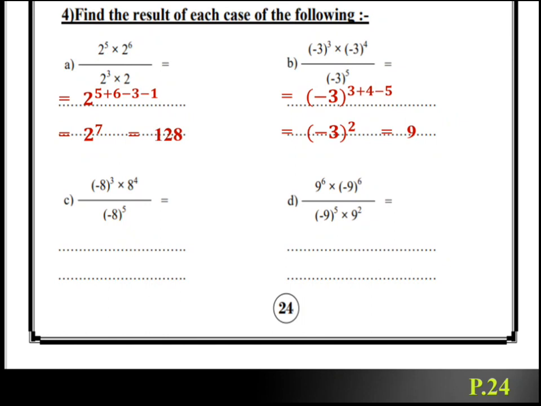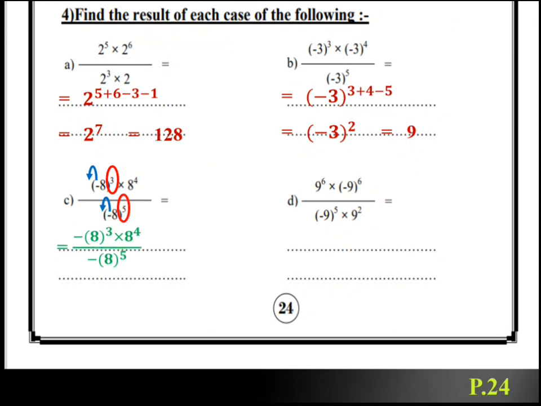Letter C. Here we have negative 8, and 8, and negative 8. So look at the powers. The first power is 3, which is an odd number. We can cross the negative or kick it out; with an odd power, we can kick it out. So kick the negative sign outside the bracket. And down we have 5, which is odd also. So we can kick the negative sign outside the bracket and rewrite the question.